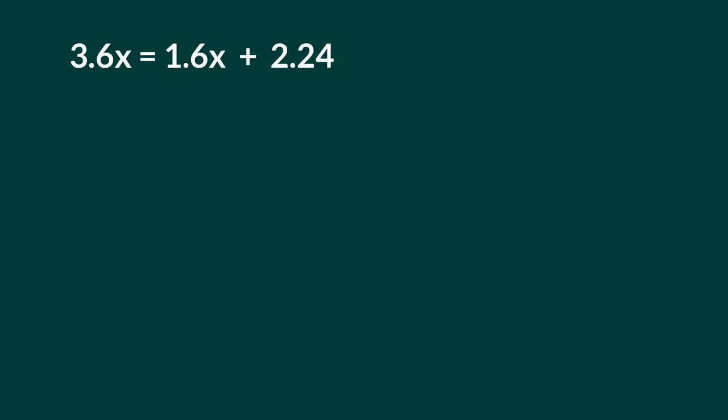And remember, if I multiply everything by the same number, the equation is still true. So in this case, since the largest number of decimal places is 2, if I were to multiply by a 1 with 2 zeros, 100, that would move this decimal place 2 places, this decimal place 2 places, and this decimal place 2 places.